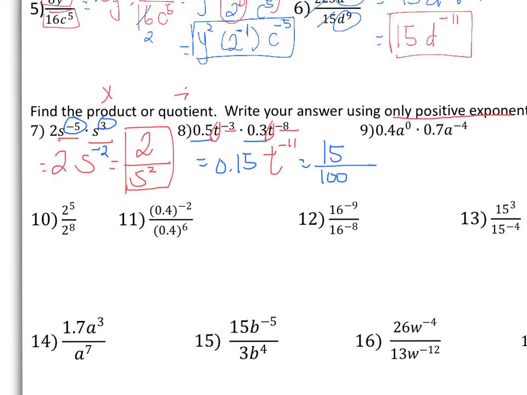And I can move t to the negative 11 power to the denominator to get a positive power. And simplify. 15 divided by 5 is 3. 100 divided by 5 is 20. So we get 3 over 20 t to the 11th power. Okay.